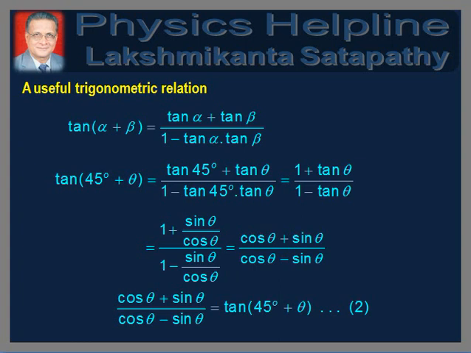Putting tan 45 equal to 1, we get tan(45 plus theta) equal to (1 plus tan theta) divided by (1 minus tan theta). Putting tan theta equal to sin theta divided by cos theta and simplifying, we get tan(45 plus theta) equal to (cos theta plus sin theta) divided by (cos theta minus sin theta). Now we are in a position to solve the problem in the question using these concepts.